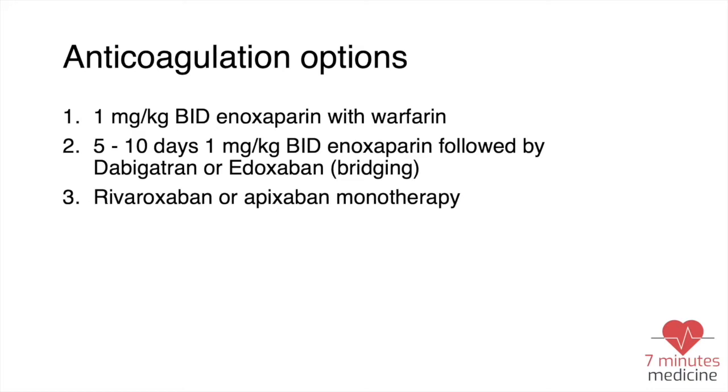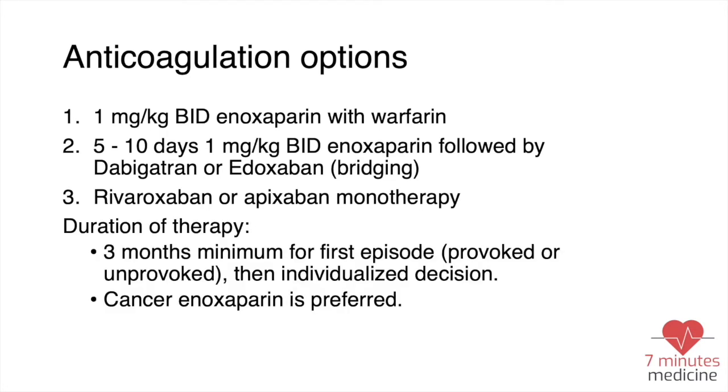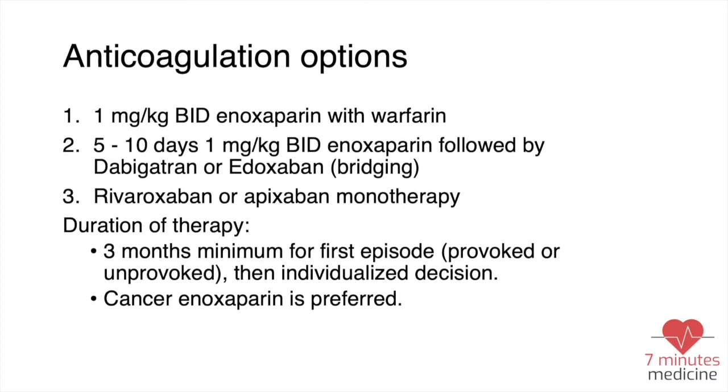Rivaroxaban and apixaban, you can use them as monotherapy without bridging, and this is a very easy application of those medications. For the duration of treatment, you give it for 3 months minimum after the first episode, either provoked or unprovoked. Then you have to individualize the decision. Some literature supported the use of enoxaparin in a cancer patient.